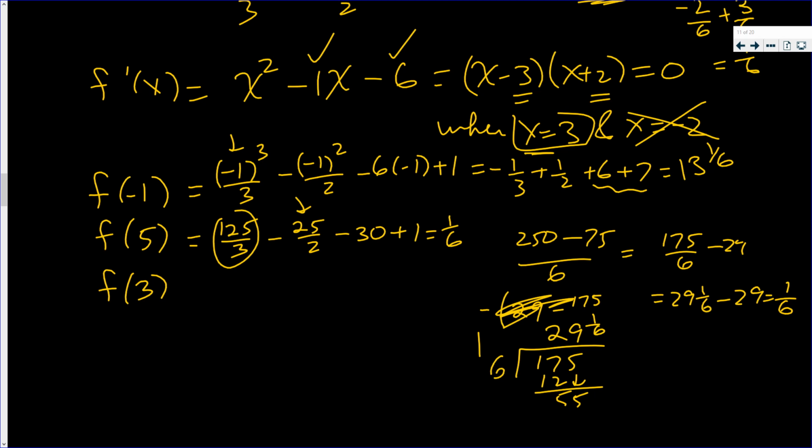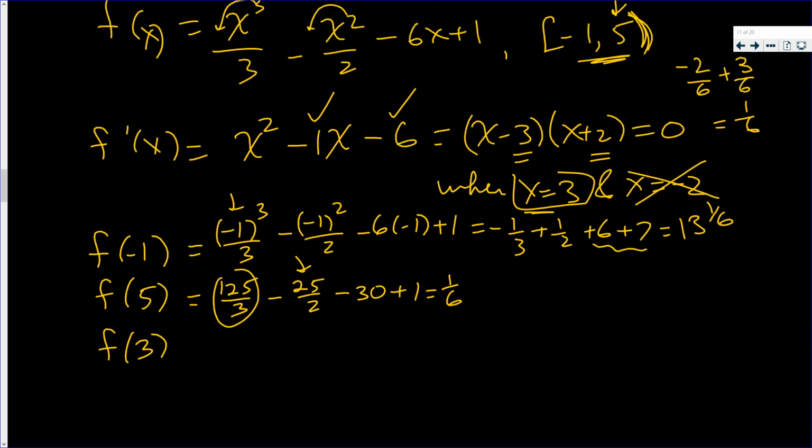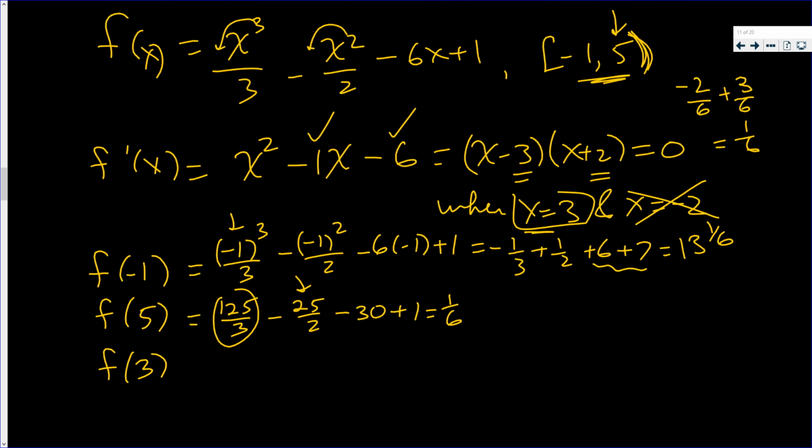And let us get rid of some of this scrap work so it doesn't really get in the way that much. Now, the question is, what is f of 3? Let's scroll up a little bit. F of 3, it's 3 cubed over 3, which is 3 squared, minus 9 halves minus 18 plus 1. So this plus this is 10, minus 18 is minus 8, minus this, which is 4.5.